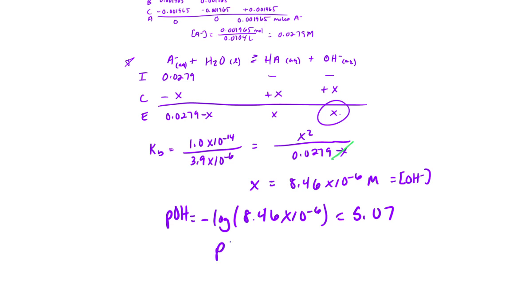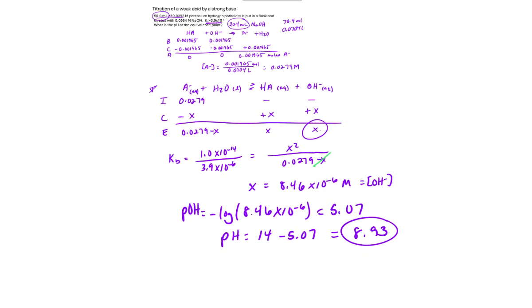And so the pH is equal to 14 minus 5.07, which is 8.93. Again, we wanted our pH to be slightly basic. We got that, it's close to 9, and so there's a good chance we've done our calculation correctly.